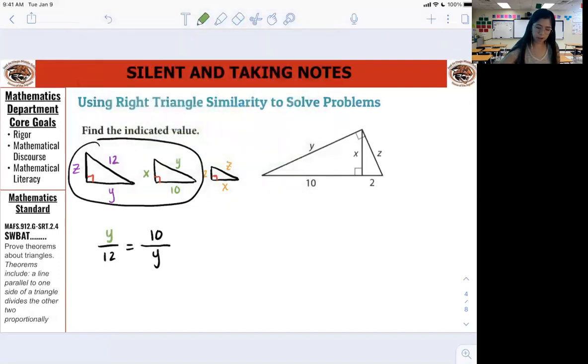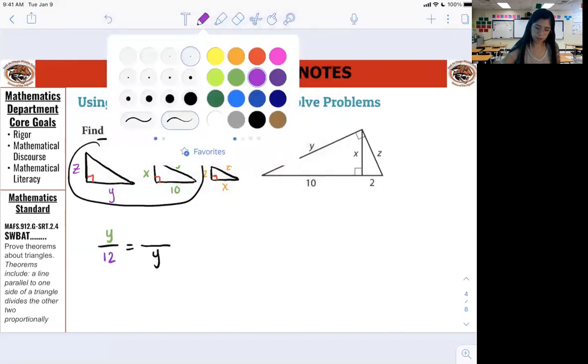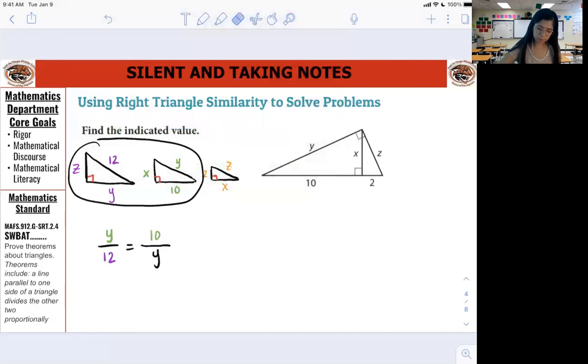So Y over 12, and then 10 over Y. See that? So small over big equals small over big.